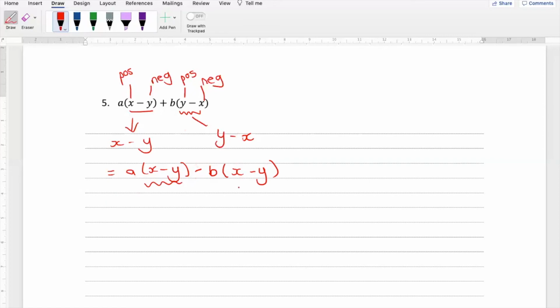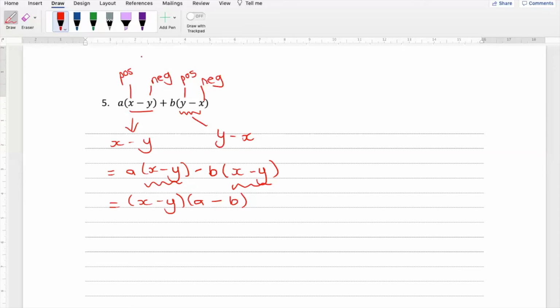And now we've got something where they're identical. So now I can say, take out x minus y as my common bracket, and then what's left from the first term is a, what's left from the second term is b. There's no common factors between a and b, so there we go. This is fully factorized. Remember, if you want to change the signs inside the bracket, you have to change the sign just outside the bracket as well.